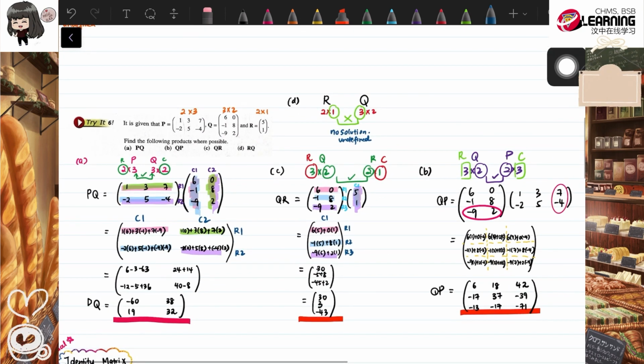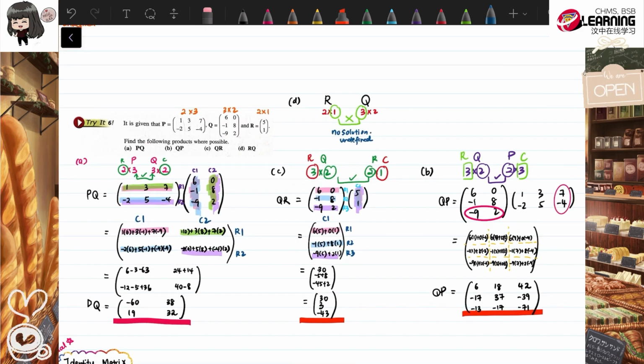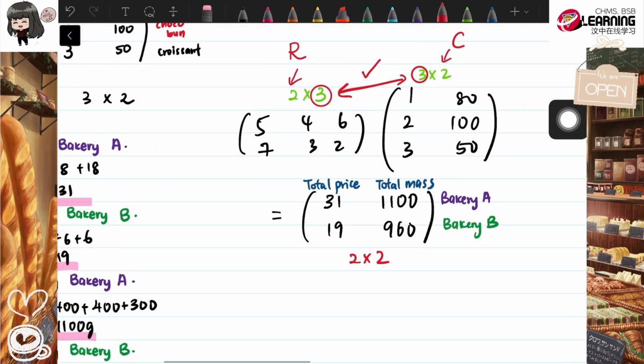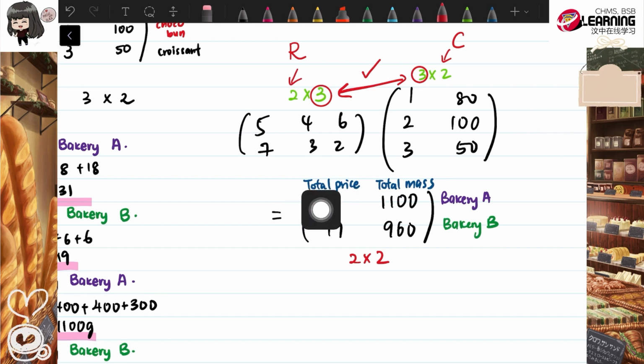The ones that are possible are only A, B, and C. Let's look back at the example just now, the first one. We have this word problem just now, right? Look at this total price, total mass. How do we actually get this answer? This one is your first row and first column. We are talking about this first one first.